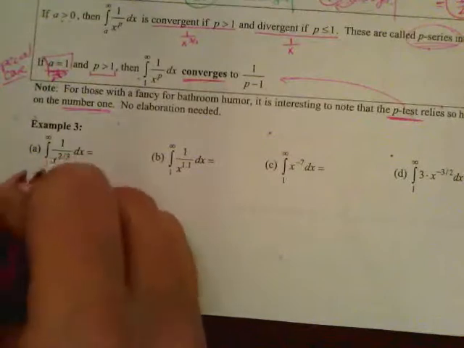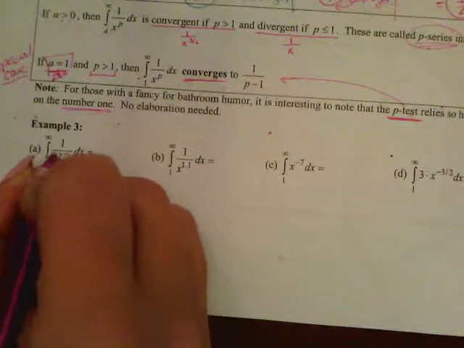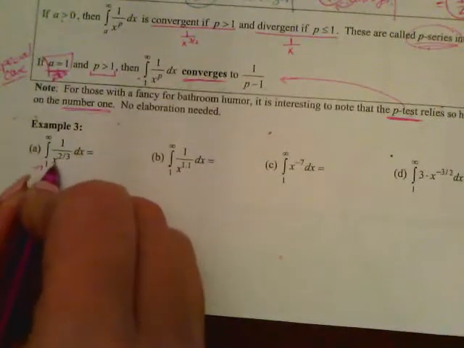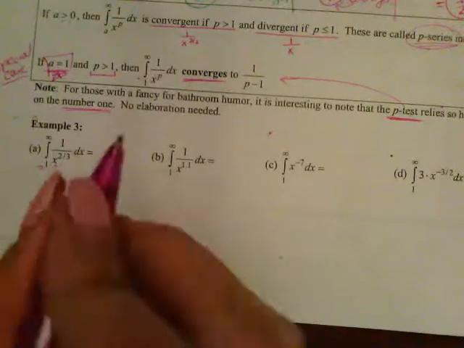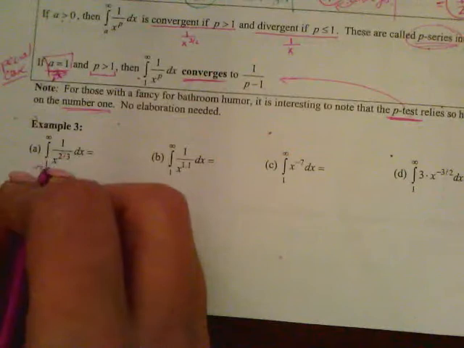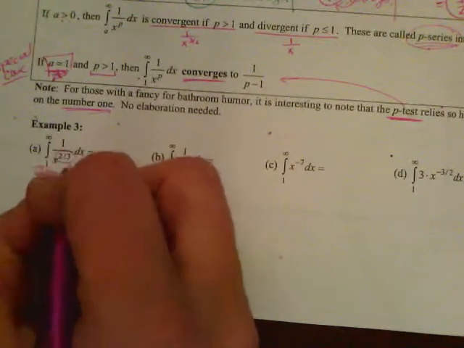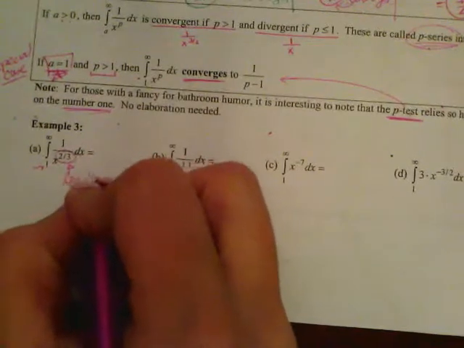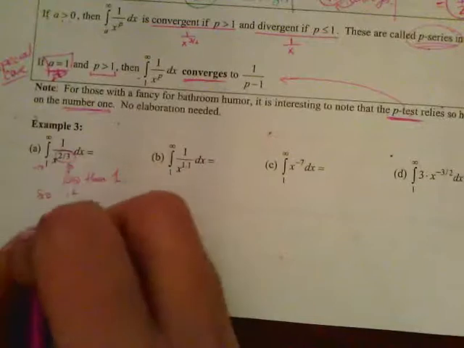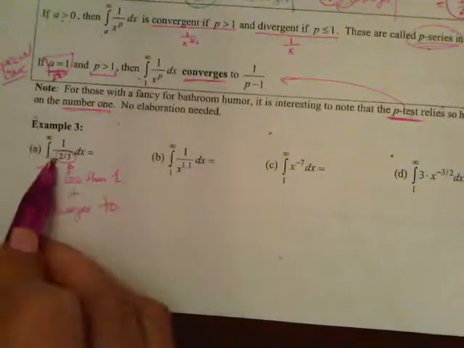Alright, so look at this example. First of all, can we use the p-test? Yes, we can, because this is 1 and this is greater than 1. So we're going to use the p-series test because this is greater than 0, and the question is, this exponent is less than 1, so this function diverges, and where would it diverge to?